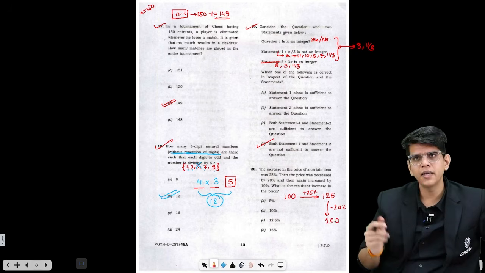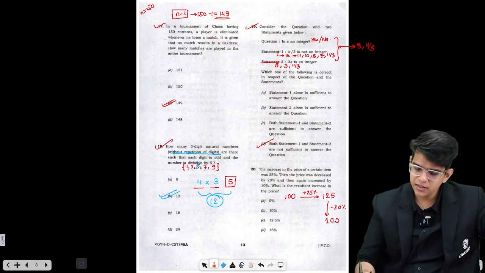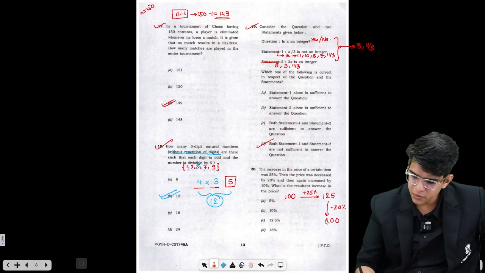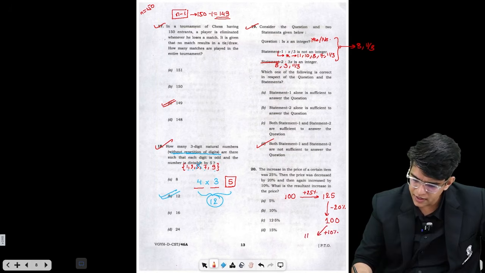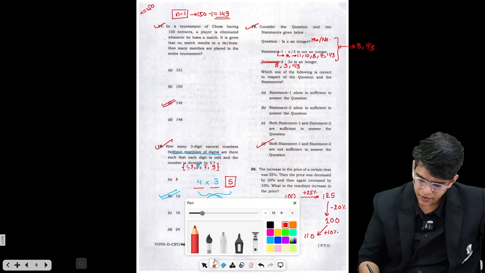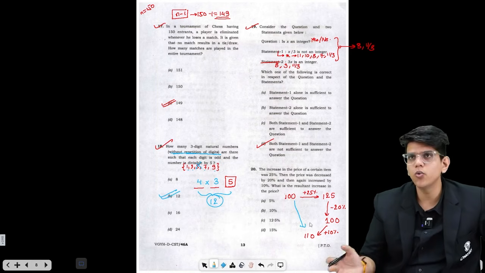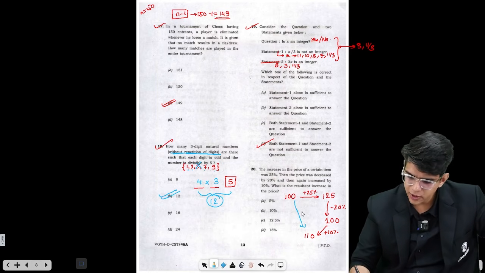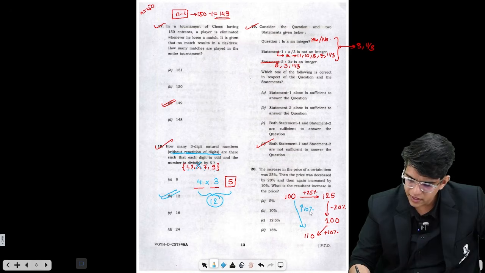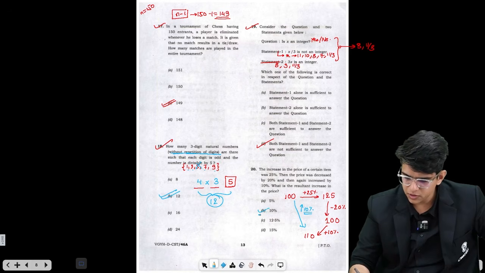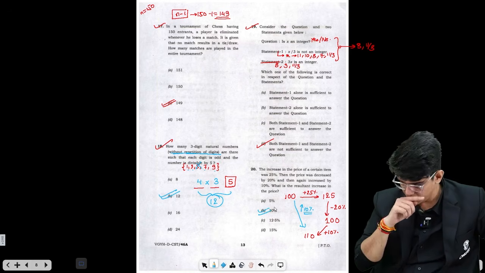The third thing: now we are at the same position again, and you are increasing it by 10%. It becomes 110. So overall, from start to end, you have increased the value by 10% only. So the answer of this question is option B.